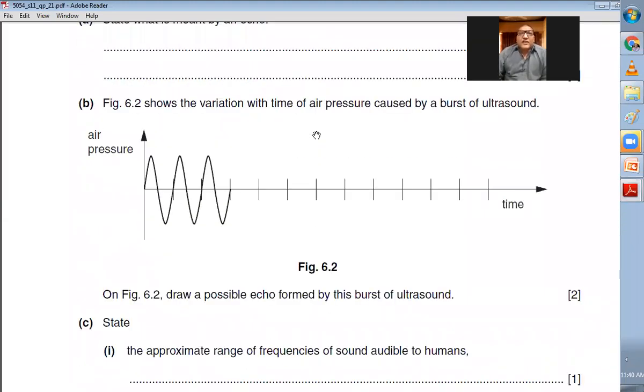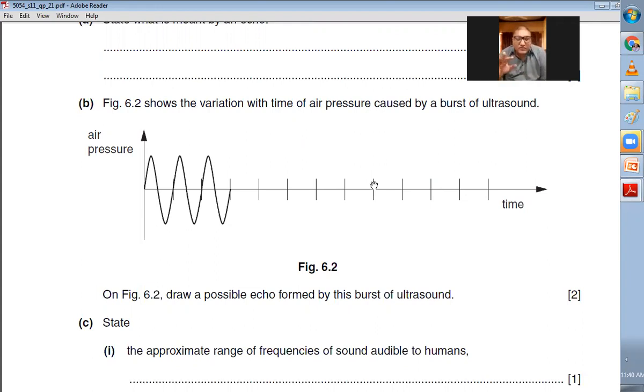Figure 6.2 shows the variation with time of the air pressure caused by a burst of ultrasound. On figure 6.2, draw a possible echo formed by this burst of ultrasound. The echo formed should have less amplitude, but its time period should be the same.